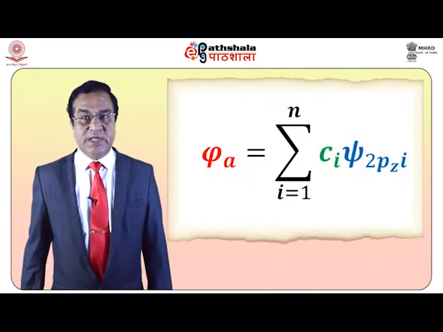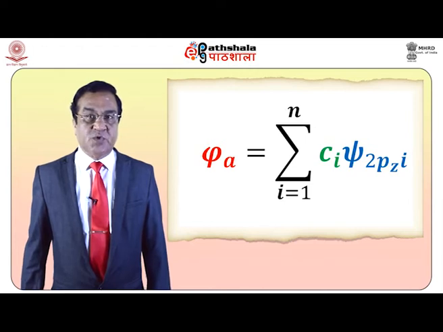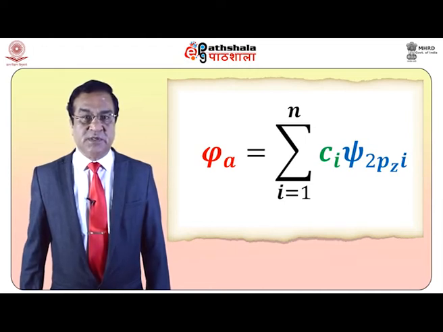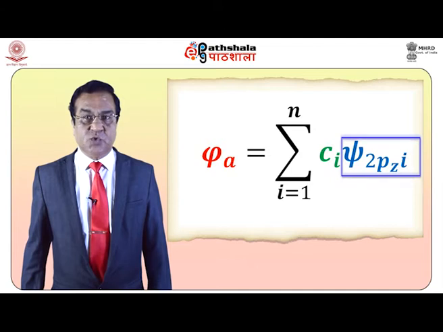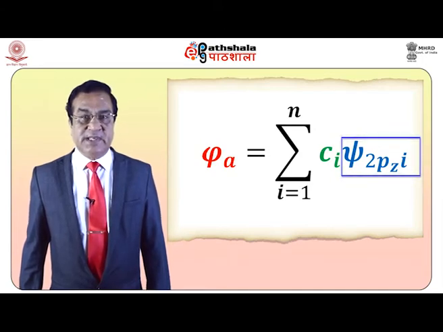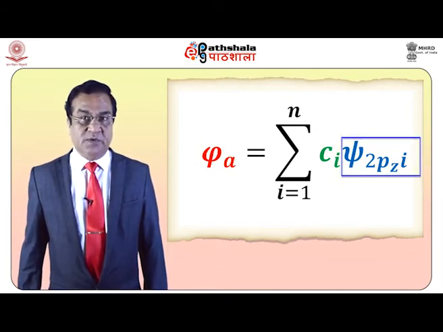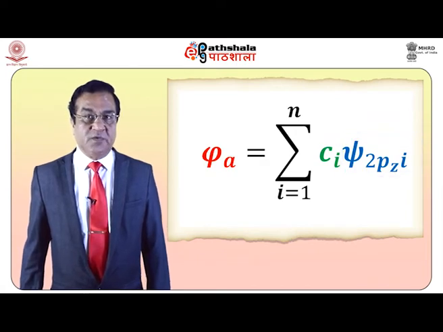That means we assume phi_A equal to the summation of c_i ψ_2pz,i, where i is taking a summation from 1 to n, and n is the number of carbon atoms.